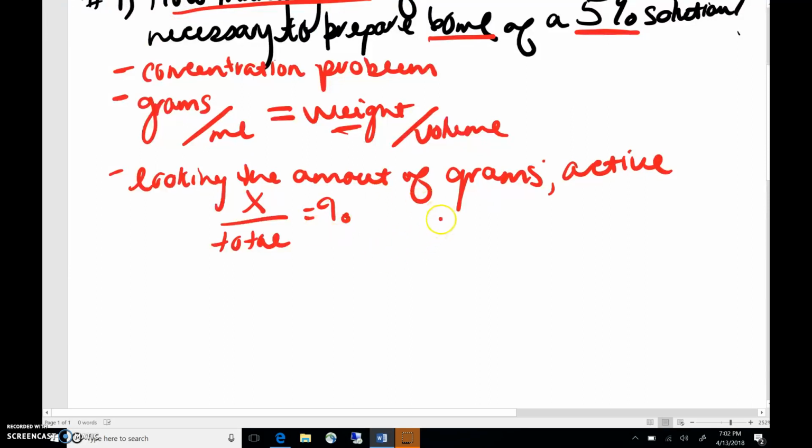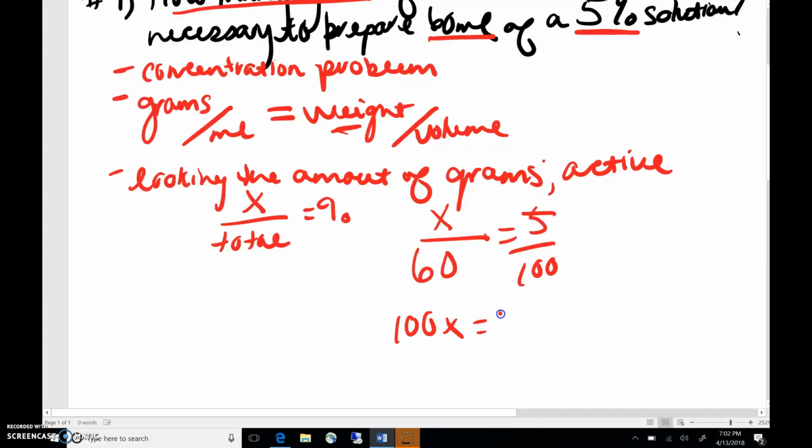So in order to solve that, again, it's X over your total, which is the volume of the solution, 60 milliliters, equals 5 over 100. That's your percent. And you have to set it up as a fraction, which is 5 over 100. So you're going to crisscross multiply. So that's 100x equals 5 times 60. You guys should have, what, 300? Make sure my math is right.